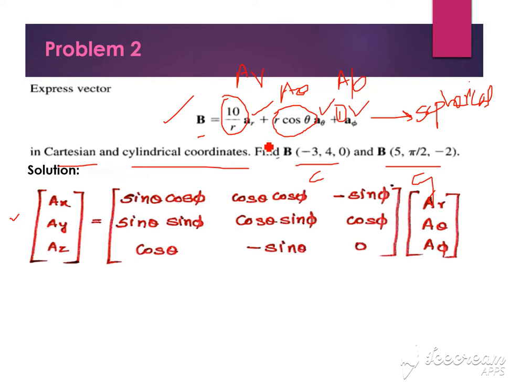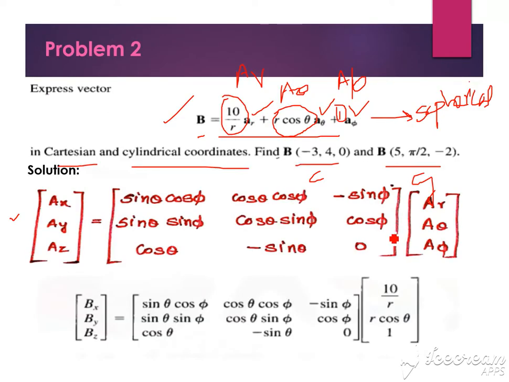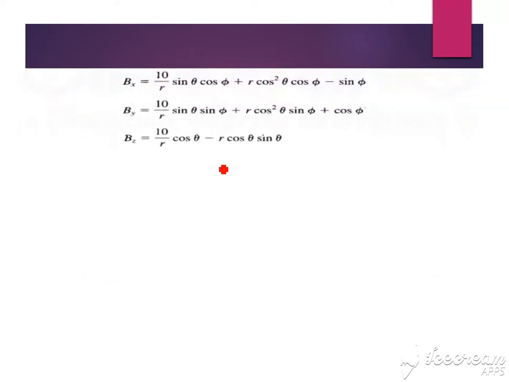Now simply substitute these 3 values in this expression, then we get this equation. Then perform row column multiplication to get the expressions for Bx, By and Bz.